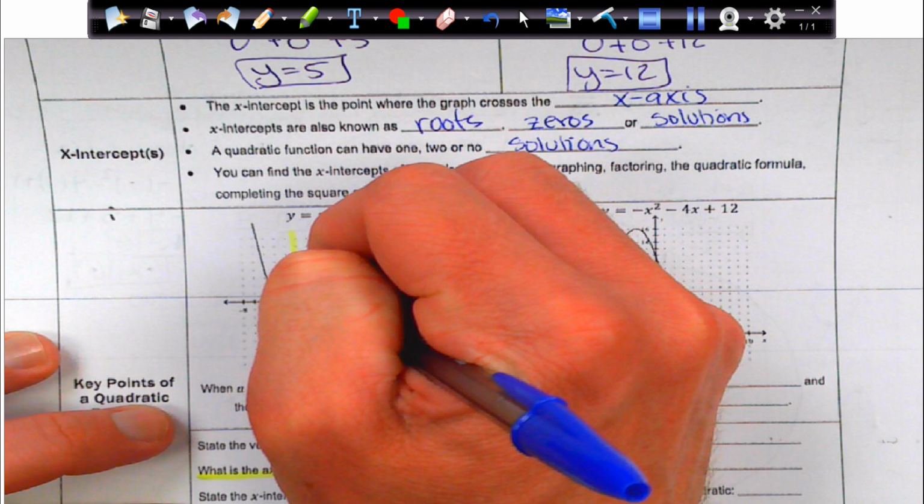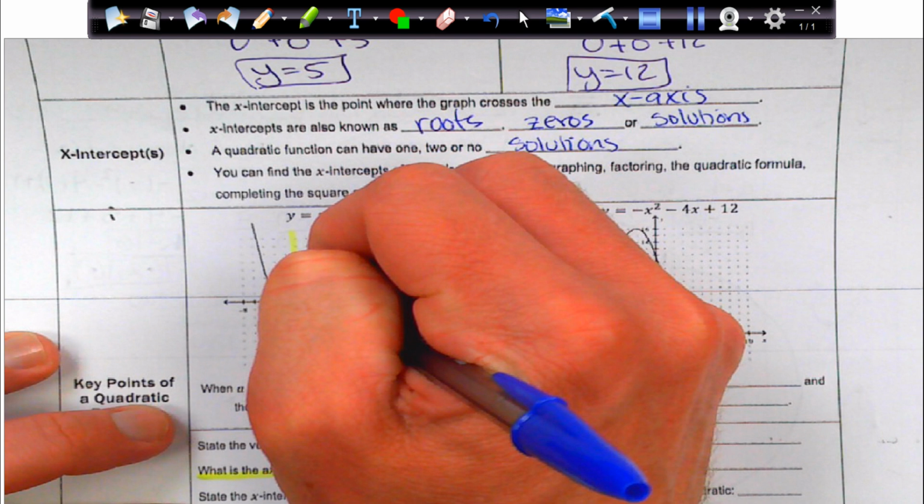The x-intercepts, I see them right here and right here. Okay, this time I'm just going to call them solutions. And this looks a lot like our go-in-the-hoop parabola. So this would be like it's starting at the ground, going up in the air, and then coming back down.